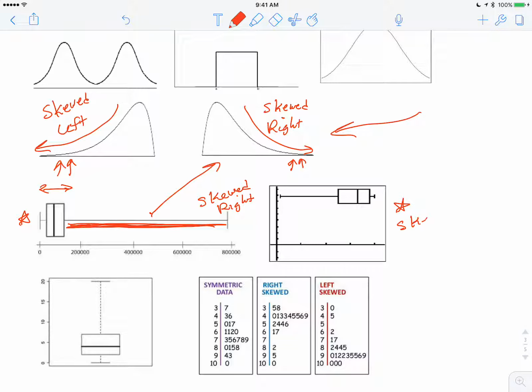This other starred one, skewed left. Again, this data right there, spread out quite a bit. This box plot down here, it's kind of facing vertically. If we're going from increasing to decreasing, this space here, skewed right. The bigger numbers are kind of spread out.